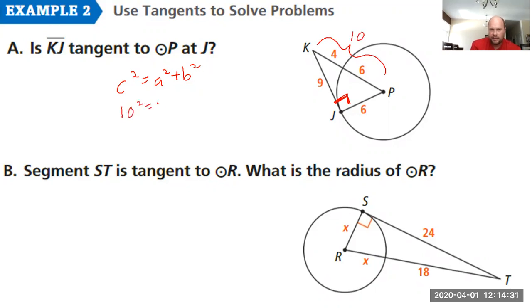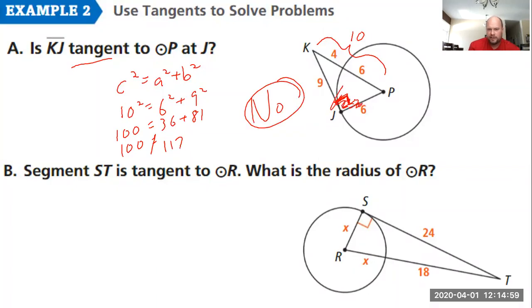So 10 squared equals a, and again, it doesn't matter which one of the 2 legs we use as a, so 6 squared plus the other side would be 9 squared. 10 squared is 100, 6 squared is 36, 9 squared is 81. Well, if we add those 2 up, that gives us 117, not 100, so they don't work. So is it tangent? No. So that is not a right angle, therefore it is not tangent.